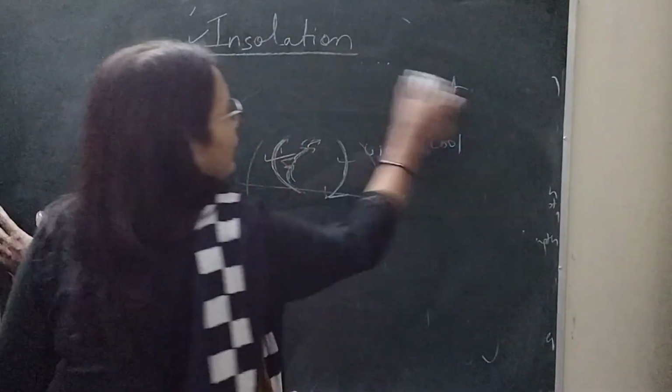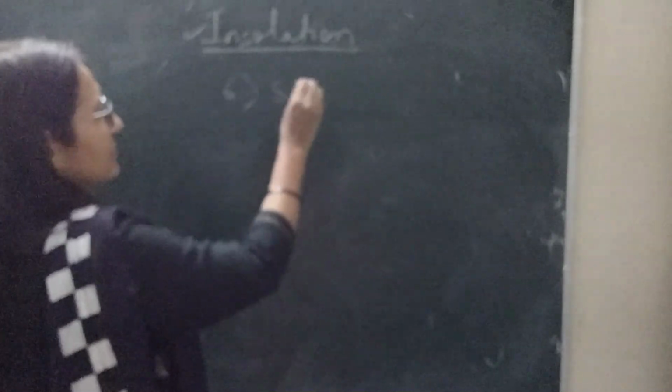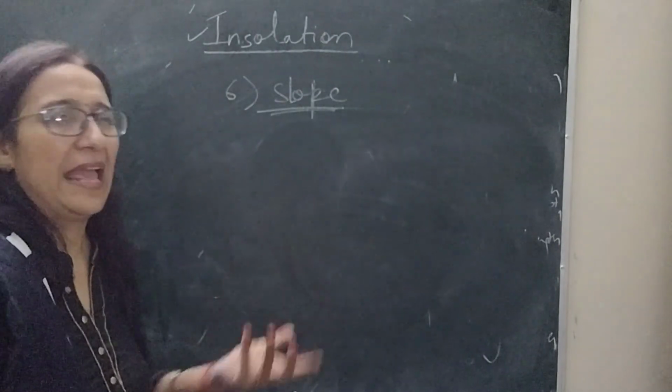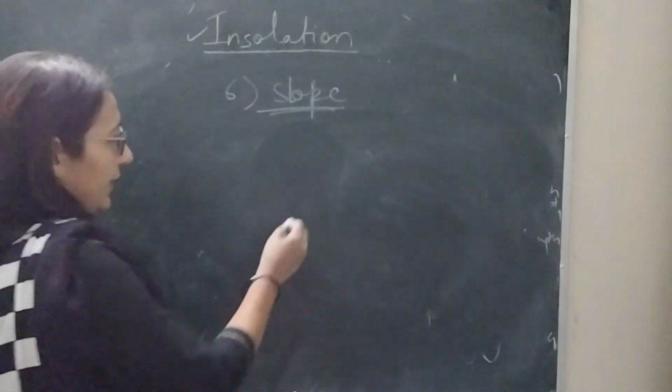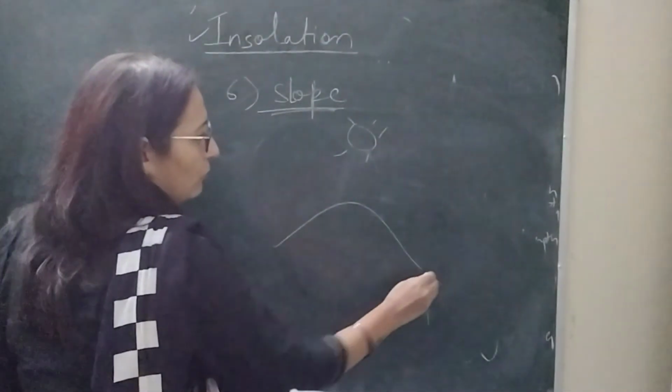And the last factor is slope. Slope means an inclined area. Slope of any landform also affects insolation. How? Like, this is a mountain.